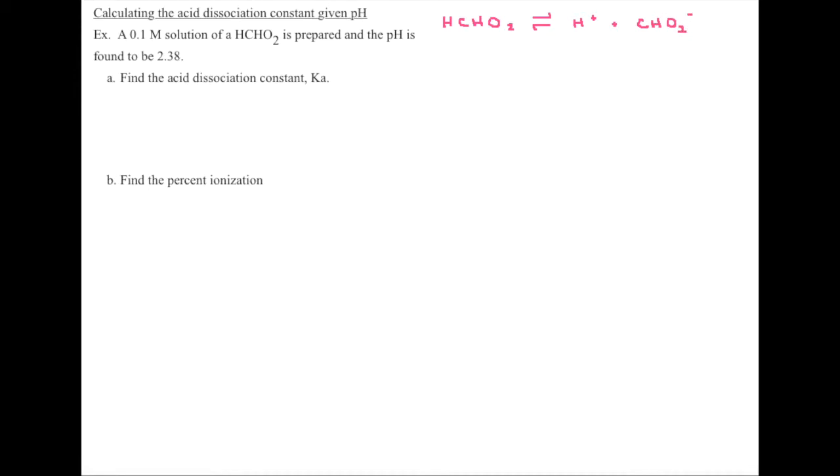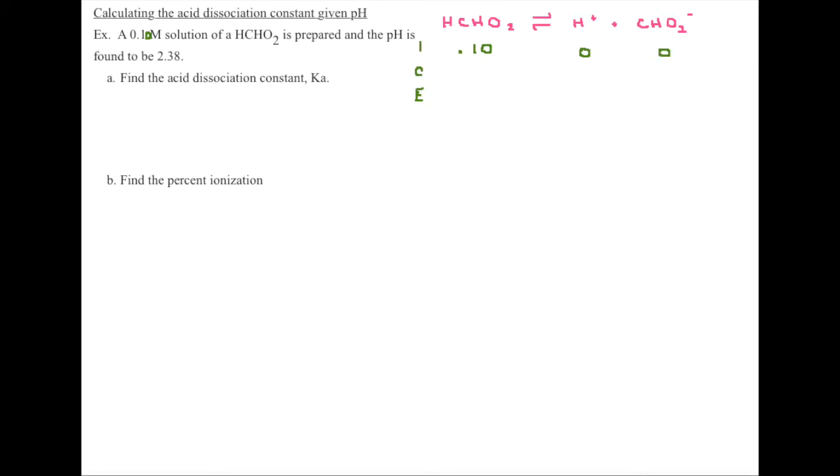minus. Now, since this is a weak acid, I need to write an ICE chart, and then I'm going to just plug in all the values that I already know. I know that my initial concentration of my weak acid is 0.10 molar. My initial concentration of my hydrogen ion is 0, and my initial concentration of this ion is 0 as well.